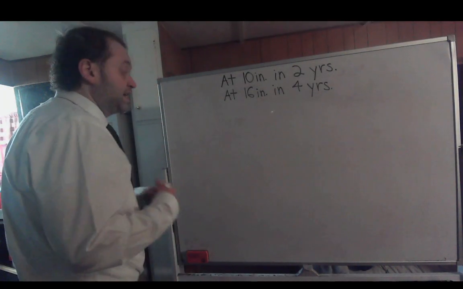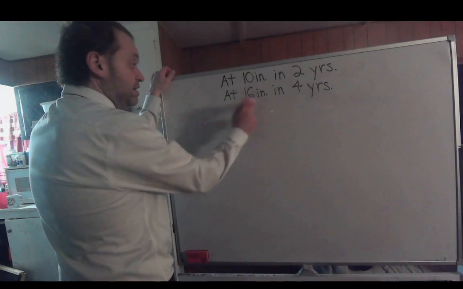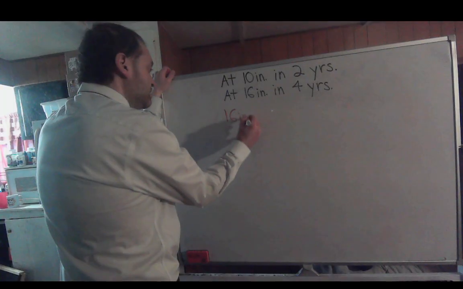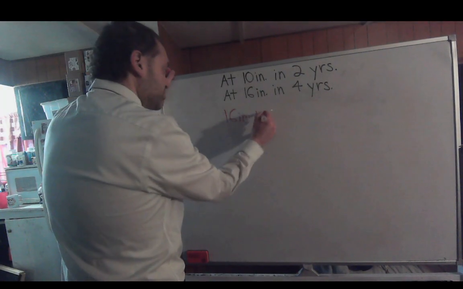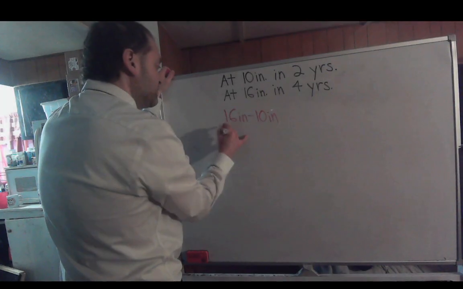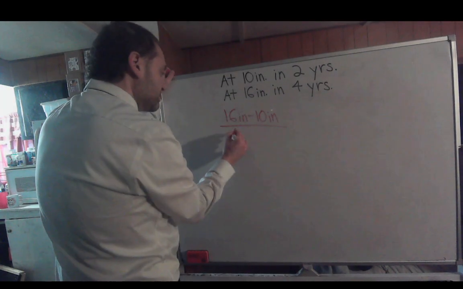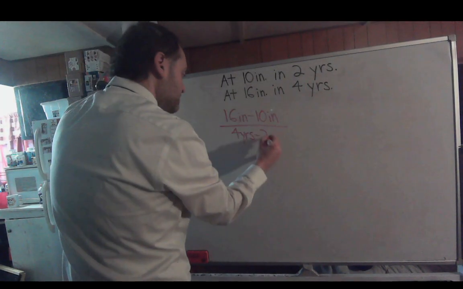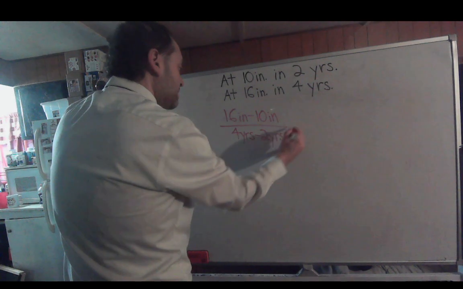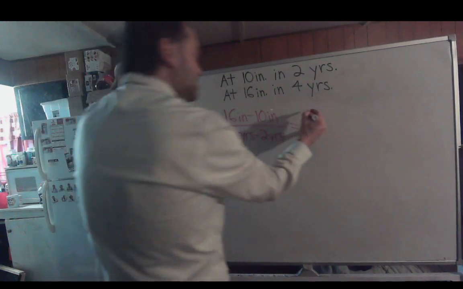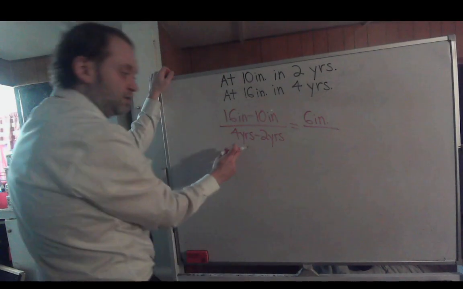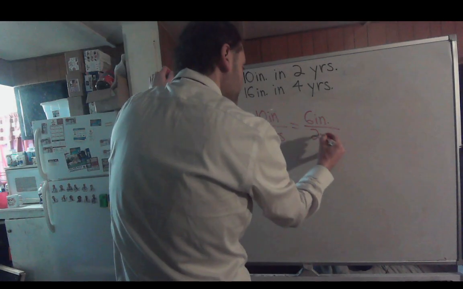So take your second set of inches, which would be 16 inches, minus your first set of inches, which would be 10 inches. Divide all that by 4 years minus 2 years. Well, that would simplify into 16 minus 10, that is 6 inches. In 4 years minus 2 years, that's 2 years.